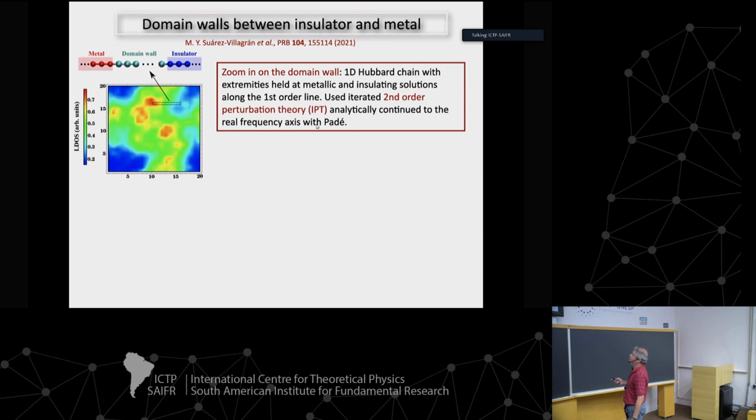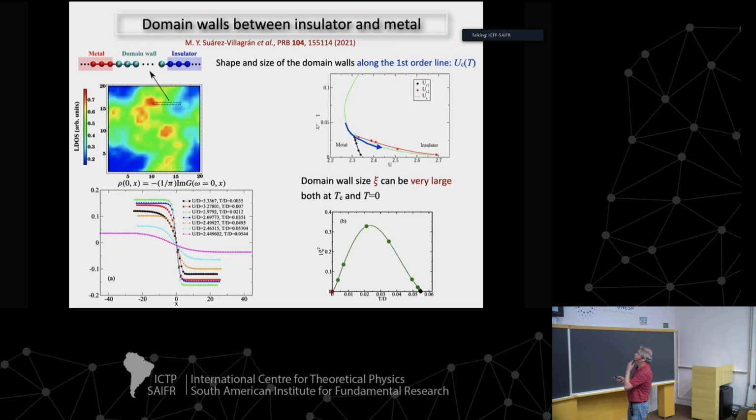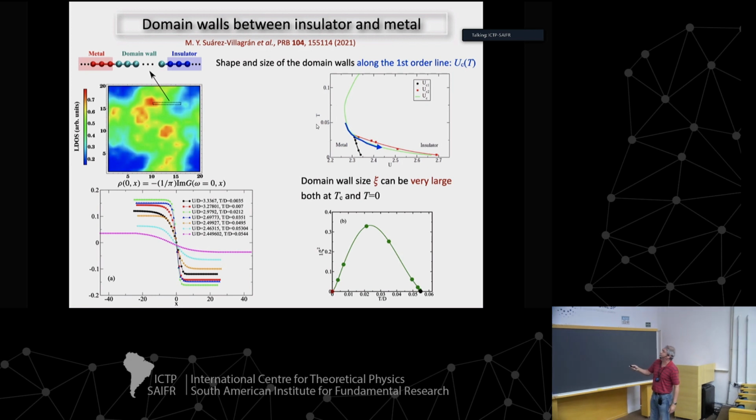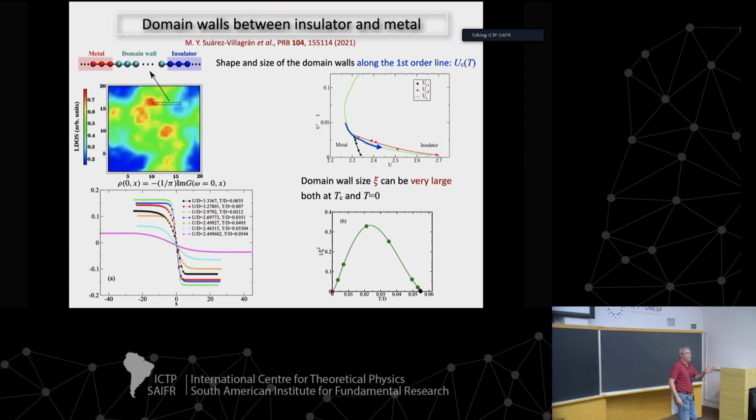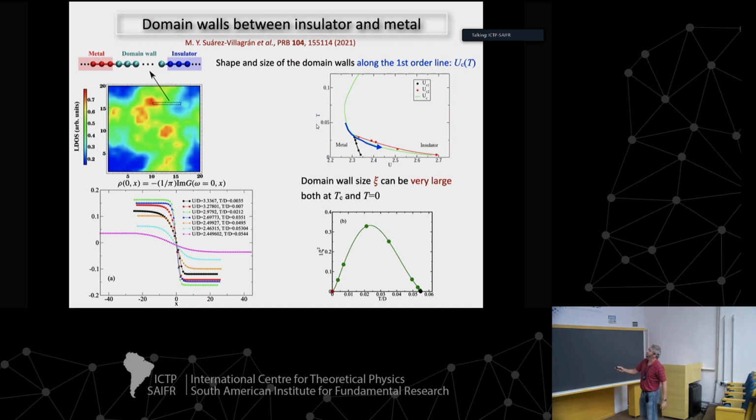Okay? So this was done with iterated perturbation theory, second-order self-consistent perturbation theory, analytically continued to the real frequency axis with an approximation. So this is the phase diagram of the clean model. This is the first order line, the green line here. The red line is the spinodal line where the metallic solution becomes unstable. The black line is the reverse, where the insulating solution becomes unstable.